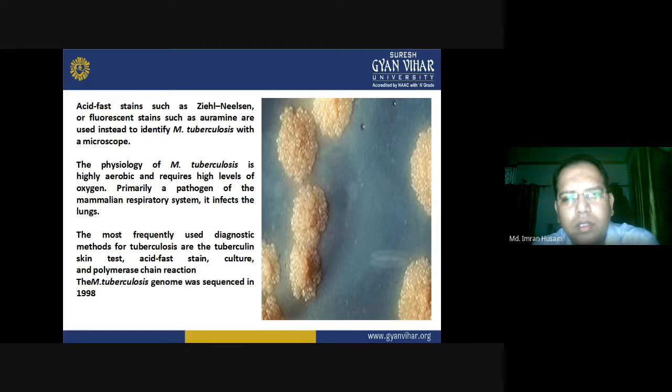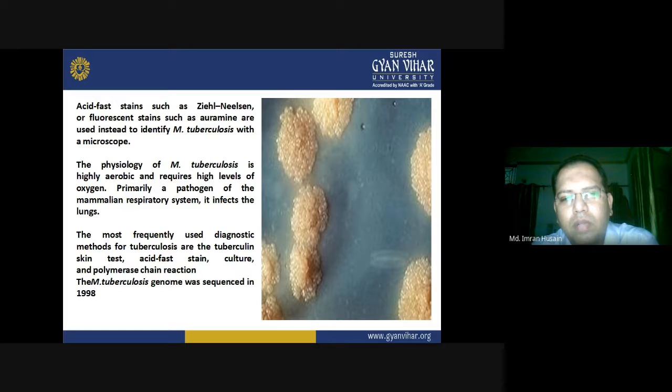The physiology of Mycobacterium tuberculosis is highly aerobic and requires high levels of oxygen. One can very easily understand this fact because Mycobacterium tuberculosis is constantly infecting the lungs of individuals. When it is always infecting the lungs, it does require very high levels of oxygen and a constant supply of oxygen.